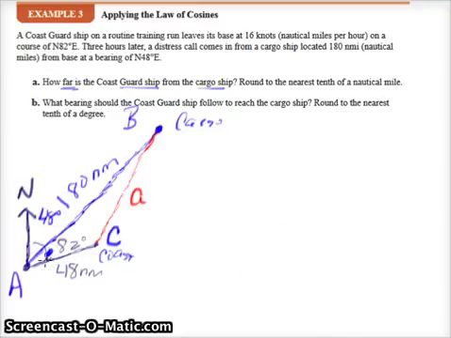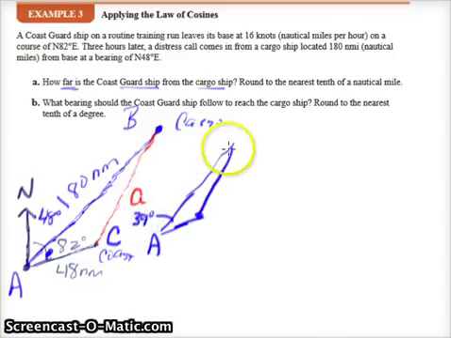It's going to be the 82 minus 48, which is 34. So let's just draw a little triangle here. Here's A, that's 34 degrees. And here's B, and here is 48 nautical miles.